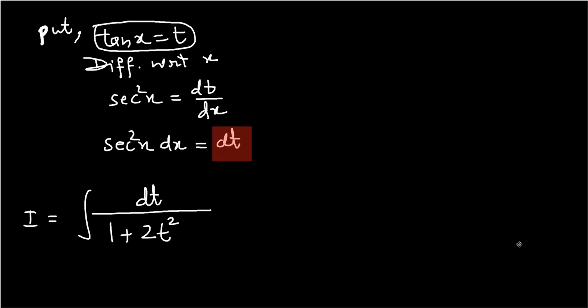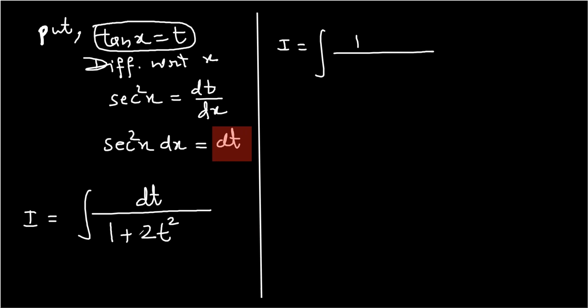Now check this out. What will we have next? Now I notice that this is the set 1 theory working here. You remember the three theories from set 1. So I write here 1 upon 1 plus 2t square.